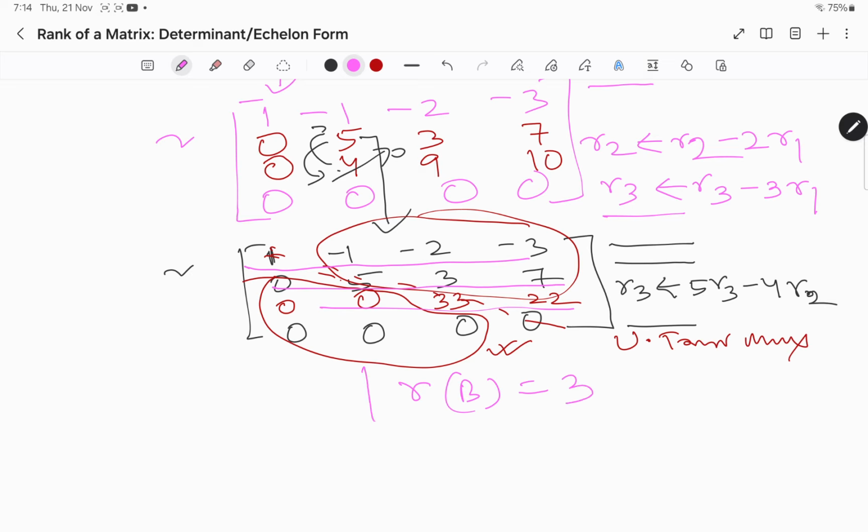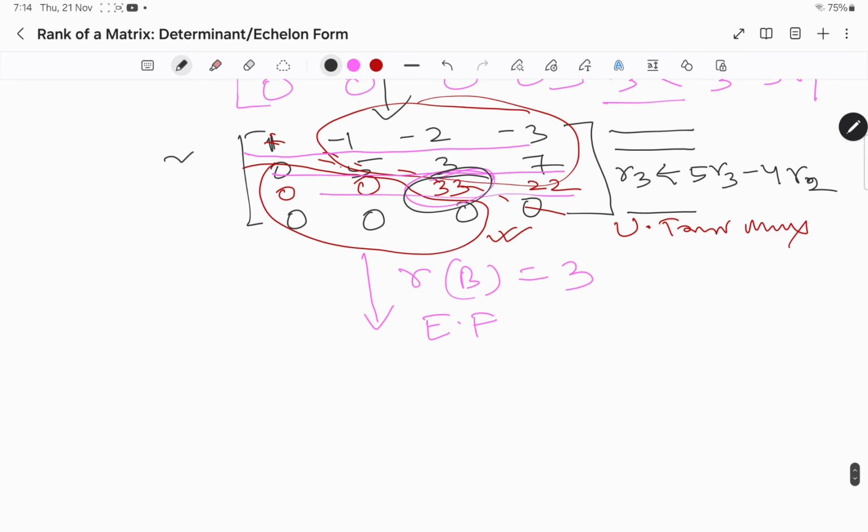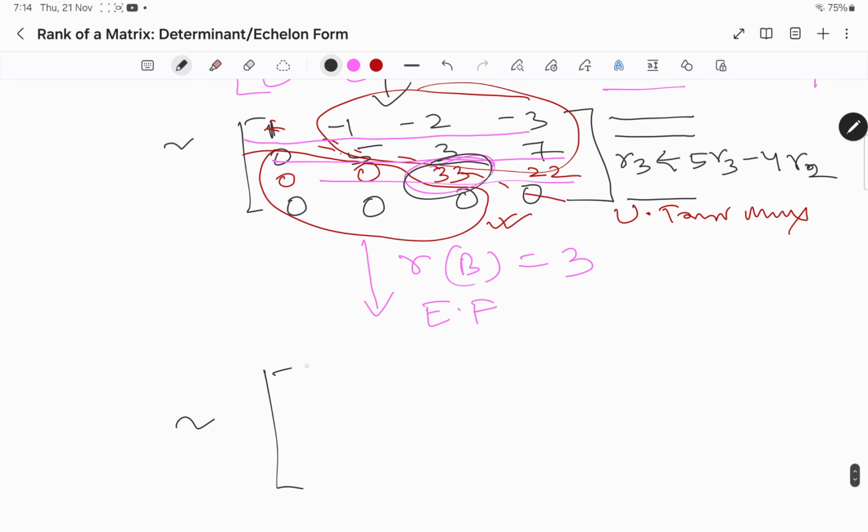If I want to bring it into the echelon form, what do I have to do? I have to make this position 1, and this position 1. So R3 will be replaced by 1/33 R3. Row 1 remains the same: 1, -1, -2, -3.